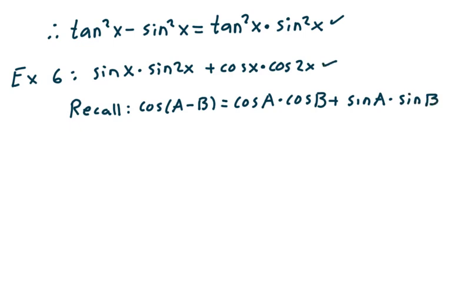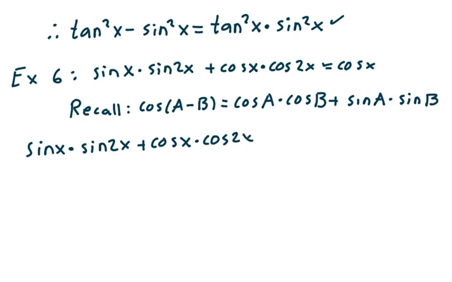So we have to view this in a very specific kind of way. By the way, on the other side, we're trying to show that this is equal to cosine x. So the left side is absolutely harder. So I'm going to take sine of x times sine of 2x plus cosine x times cosine 2x. But I'm going to view this in just the right way.